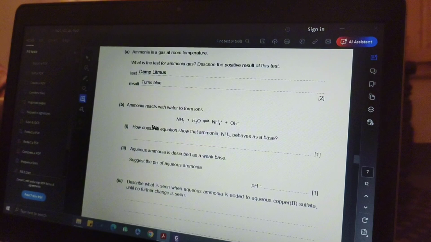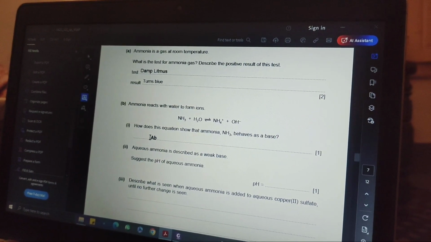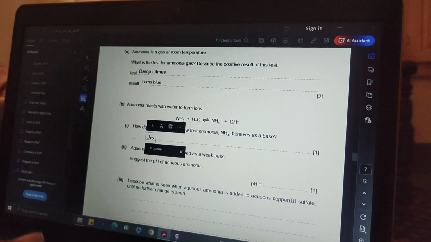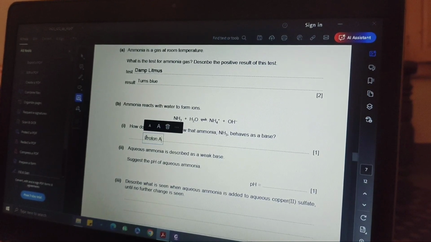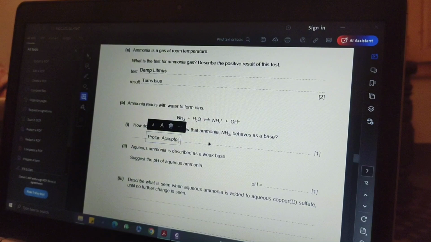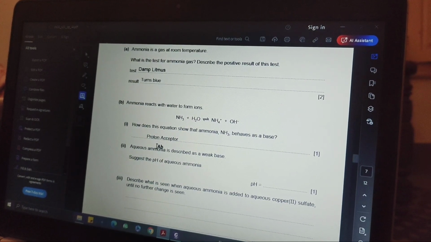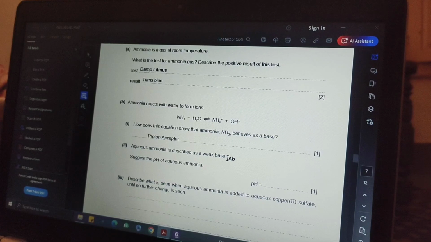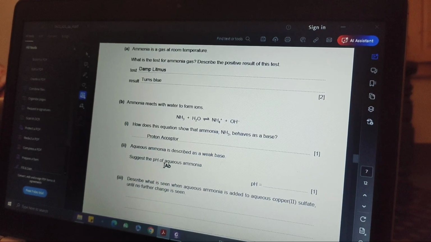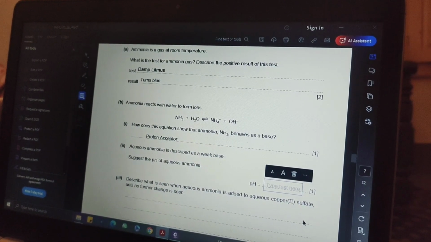How does the ammonia react with water to form the NH4+ ion? So it is a proton acceptor. They're accepting the hydrogen ion, so the base accepts the hydrogen ion. Ammonia is described as a weak base, give a pH value for ammonia. So any value above 7 to 11.